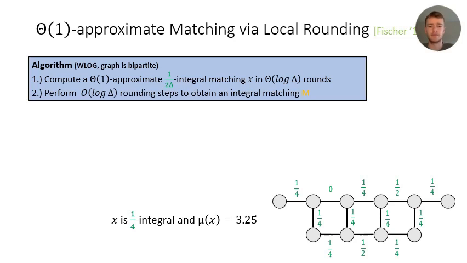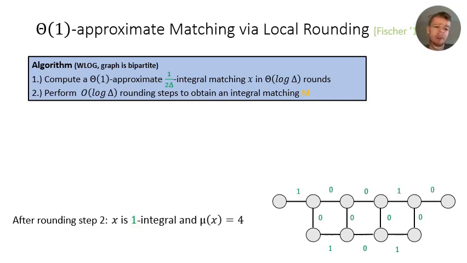Before I talk about what each rounding step does, let me give an example. So here on the bottom right, we start with a 1/4 integral solution, and after one rounding step, we turn this into a 1/2 integral solution, and the matching size can slightly decrease, but not too much. So it went from 3.25 to 3. And then after one more rounding step, we finally have a 1 integral solution. And a 1 integral solution is nothing else than just a matching.